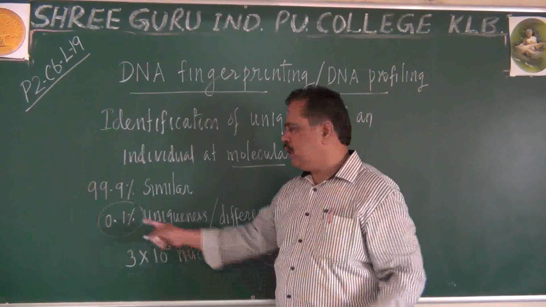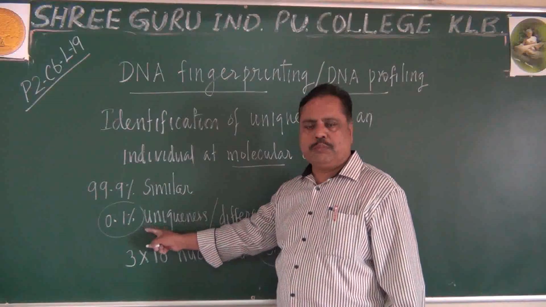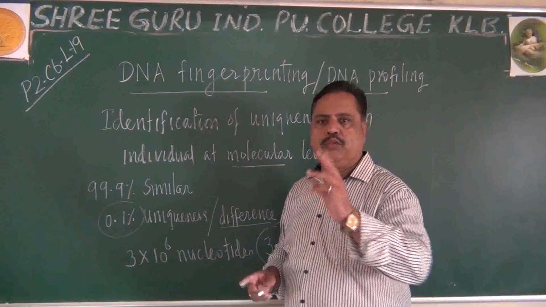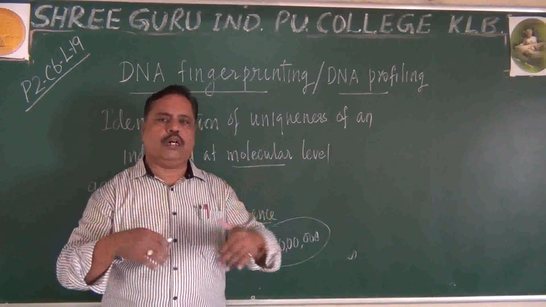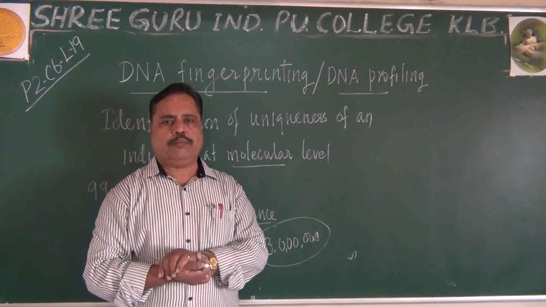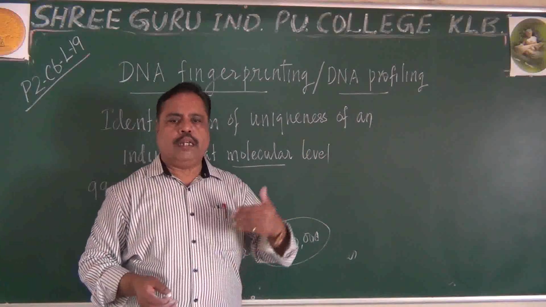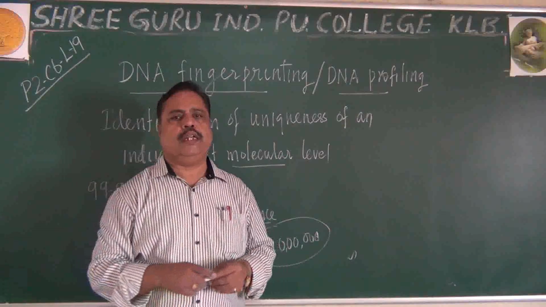You have to compare only 0.1%. Even if it sounds negligible, it includes 30 lakhs nucleotide. So again 30 lakhs nucleotide also becomes a large measure. For that we use another technique, that is called DNA fingerprinting, which we will discuss in the later class.